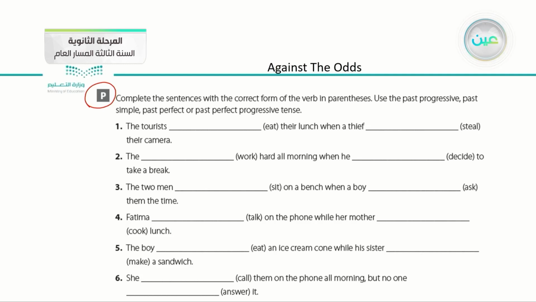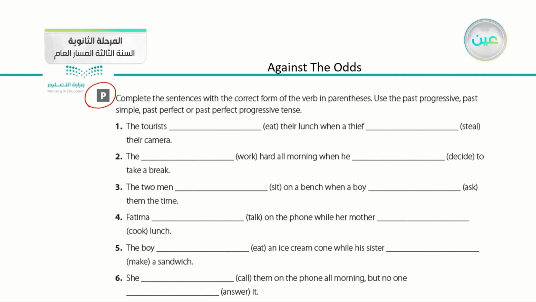So in this exercise, you are asked to use all the past tenses that we have just learned together. You can also pause the video here, try to do this exercise on your own, and after that, get back and resume to check your answers with the correct answers we are going to have together now.